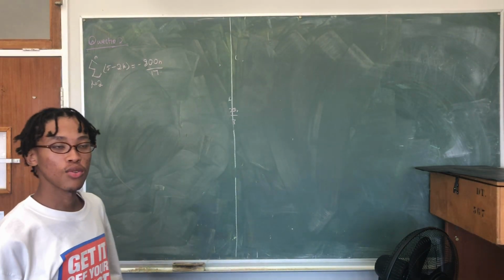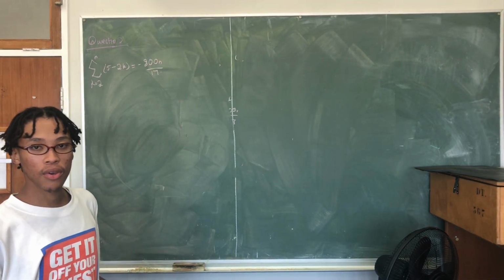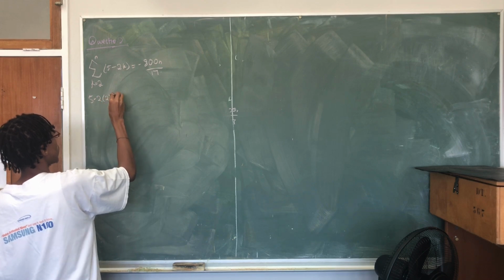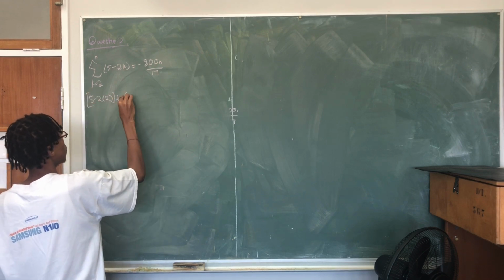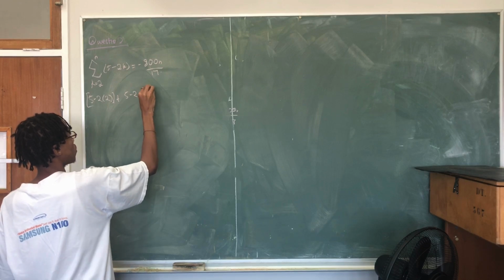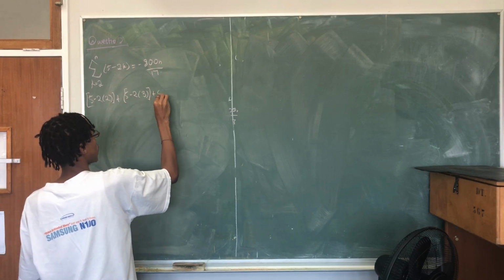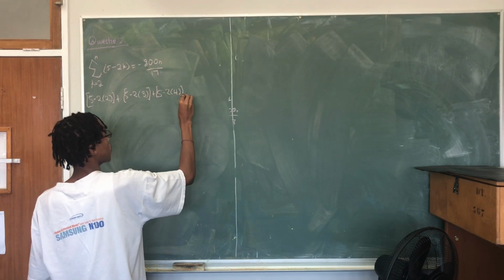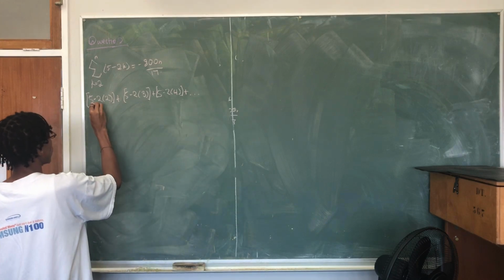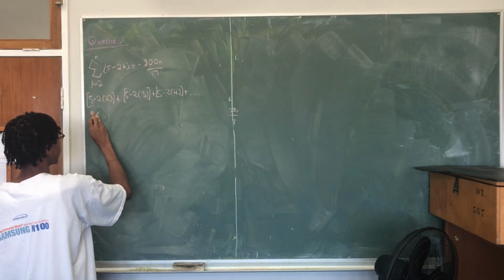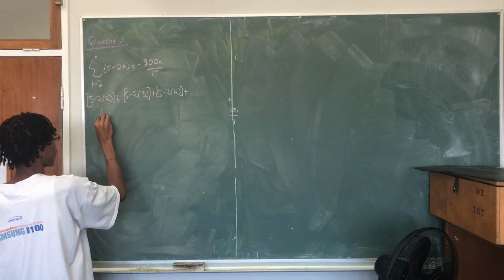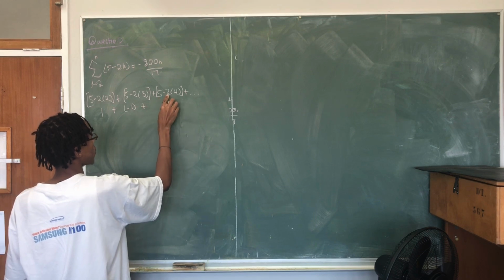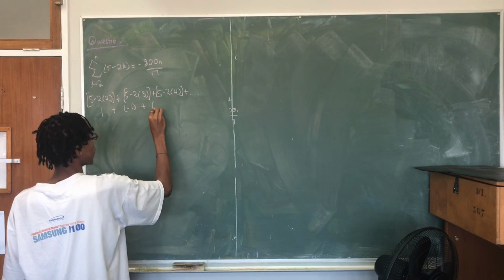The final question is asking us to evaluate this sum. The first thing that we're going to do is expand it. 5 minus 4, that's going to be 1. 5 minus 6, negative 1. 5 minus 8, that's going to be negative 3.